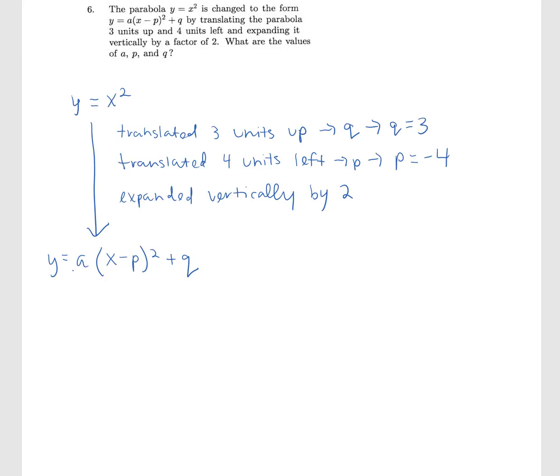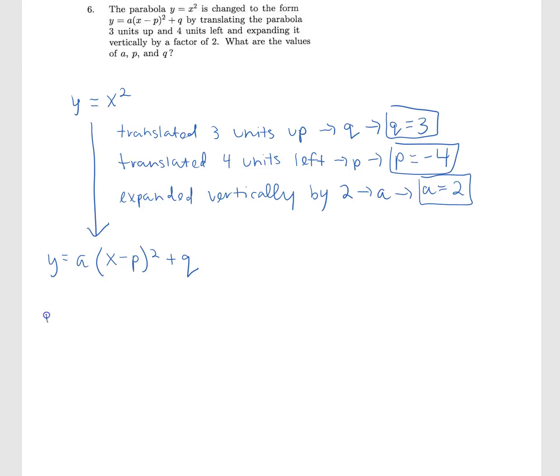So in this case, we've expanded by a factor of 2. So again, we're talking about a, and expanding by a factor of 2 means a is equal to 2. So we've found our values for a, p, and q, like the question asked.